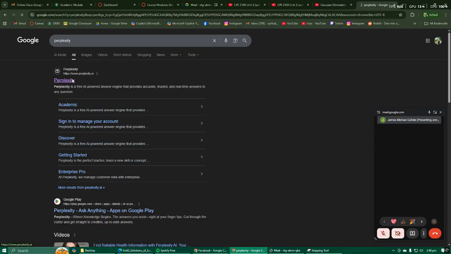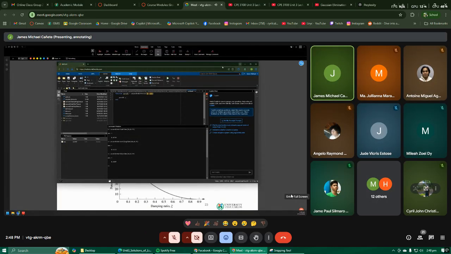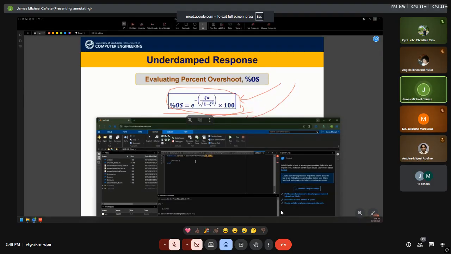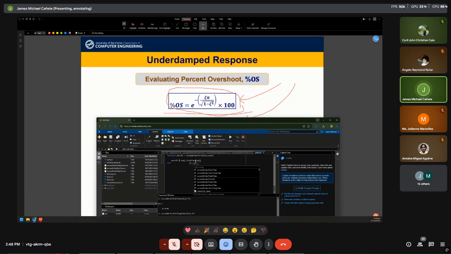So PERC OS is equal to the formula for percent overshoot: the exponential function multiplied by negative quantity zeta times omega n, the numerator, divided by the square root of 1 minus zeta squared. All of that is multiplied by 100.